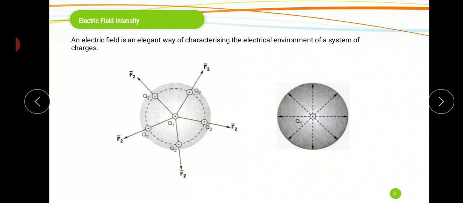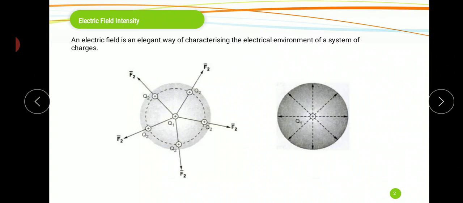Similarly, let us take the Q2 charge in this area. Here also a force is developed, along the line joining Q1 and Q2. That means electric field is a scalar quantity, but electric field intensity is a vector quantity. It has both magnitude and direction.